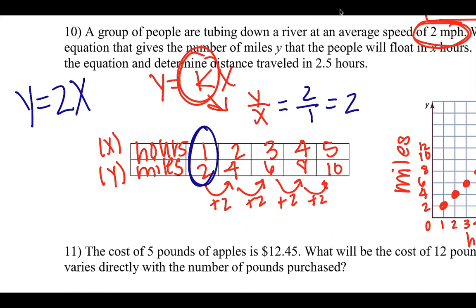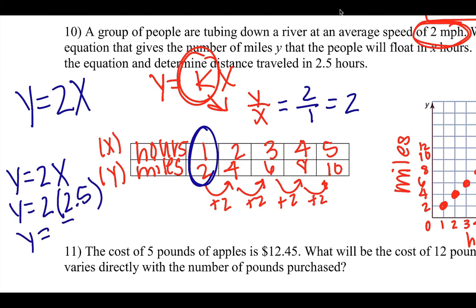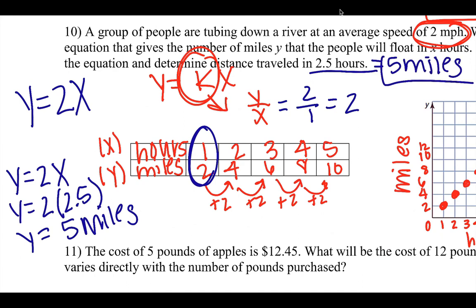And it wants to know the distance traveled in 2.5 hours. So now I need to plug in 2.5 into 2x. So y equals 5 miles. So in 2.5 hours, we've traveled 5 miles. So there's everything.